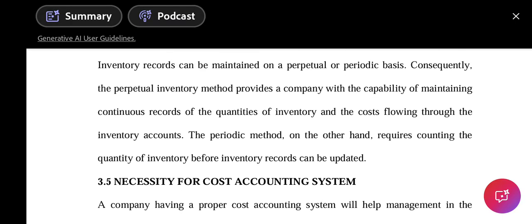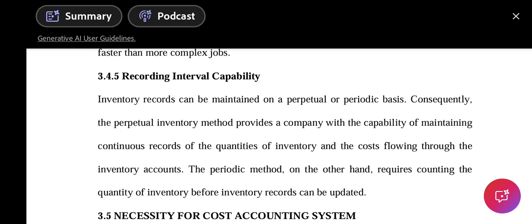Recording interval capability is basically talking about how your inventory can be maintained on a perpetual or continual basis, how you can record your inventory. Maybe it can be daily, it can be weekly, but you are doing it every now and then, taking account of your stock.